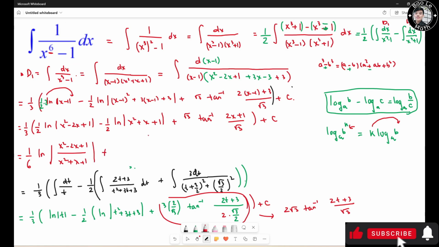Plus 1/3 multiplied by this one is going to be root 3 over 3 tangent inverse of 2s plus 1 over root 3 plus c. Sorry, there is a typo right here. When we distribute negative 1/2, this guy must be negative, this guy must be negative.